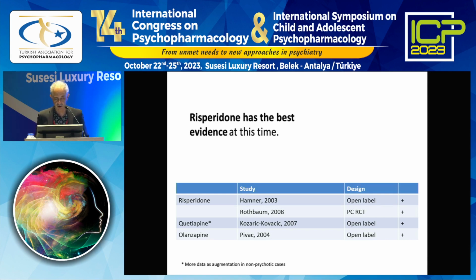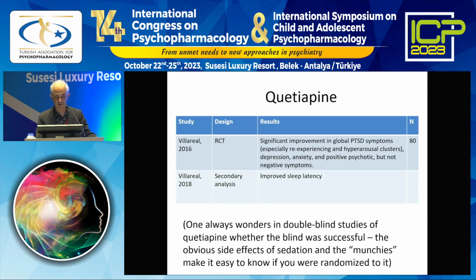Hamner was an open label. Then there was Rothbaum's placebo-controlled trial with a positive result. There's also open label work with quetiapine and olanzapine as the add-on. Now, quetiapine had this study by Villarreal, which had a mixture of people with psychotic and non-psychotic PTSD, and they didn't separate out the results for those two groups.